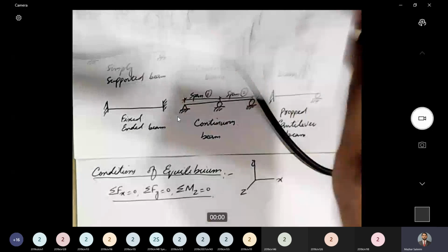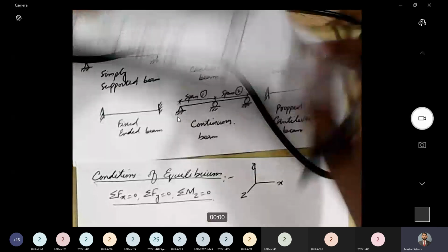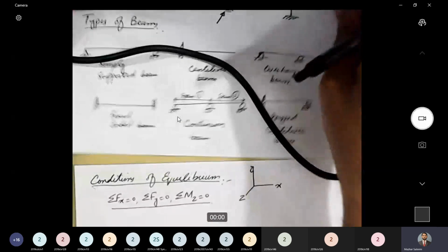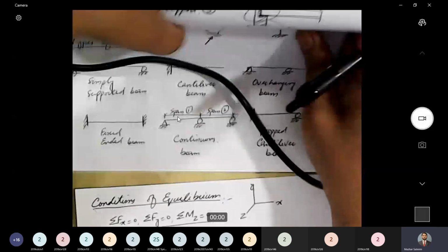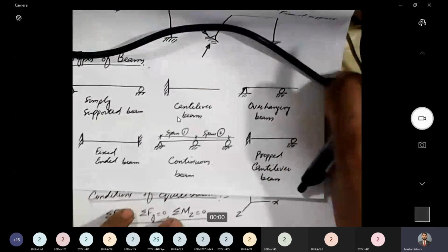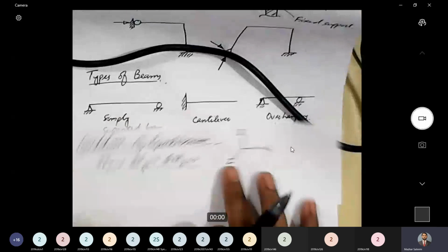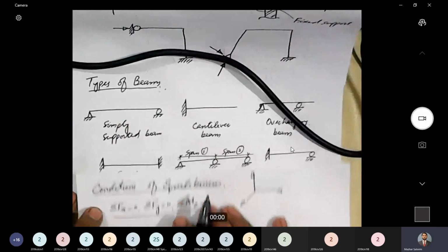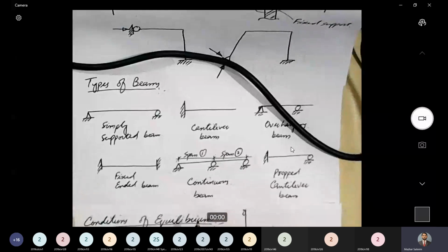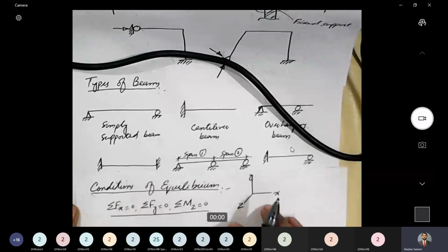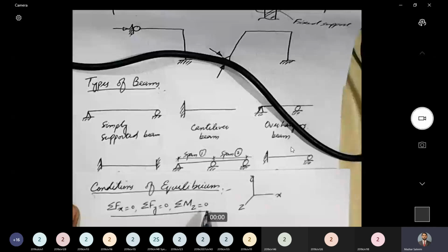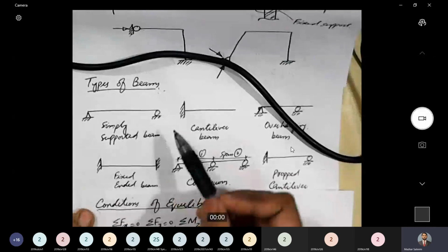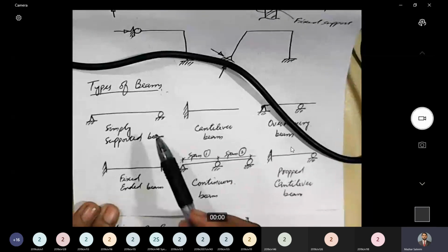So if a beam can be completely analyzed using these three conditions of equilibrium, that beam is termed as a determinate beam. We have just seen that there are three conditions of equilibrium. By analysis of beam, what do we mean? We mean determination of its reactions.